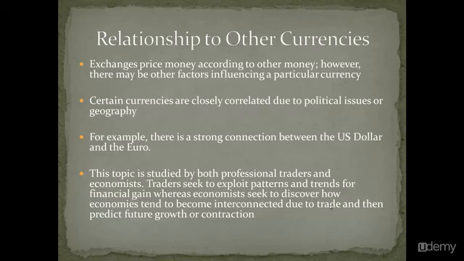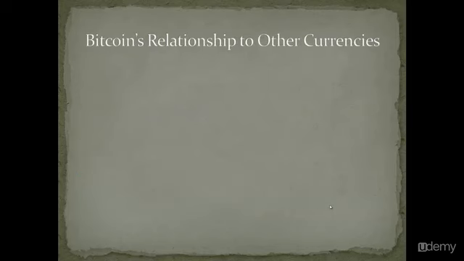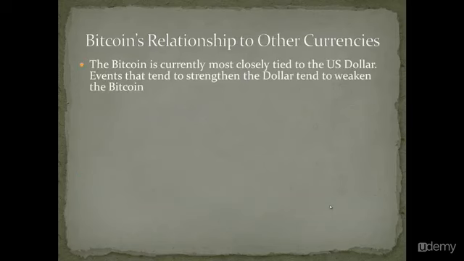But the relationship with other currencies is very closely studied. The relationship between the Bitcoin and other currencies is also closely studied. And what we see is the US dollar tends to have the strongest connection to the Bitcoin. 75% of the Bitcoin exchange volume comes from the US dollar.